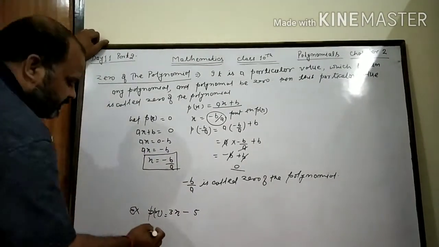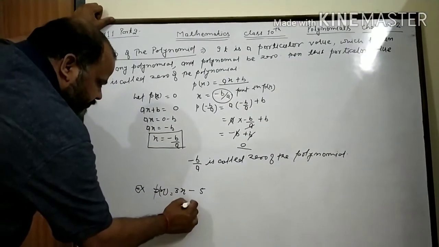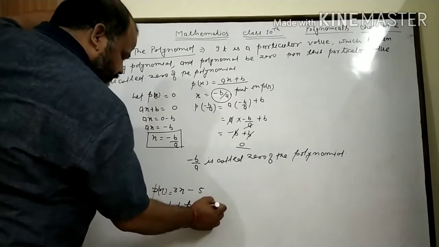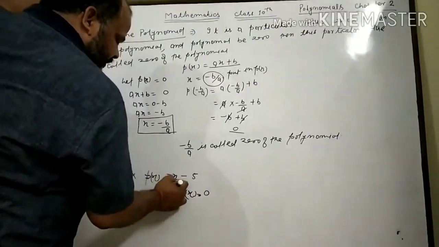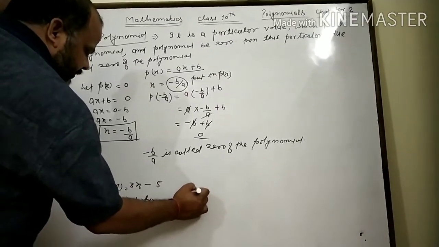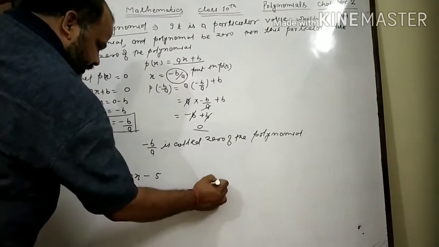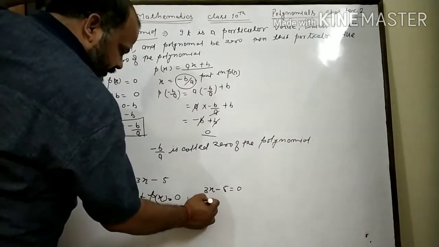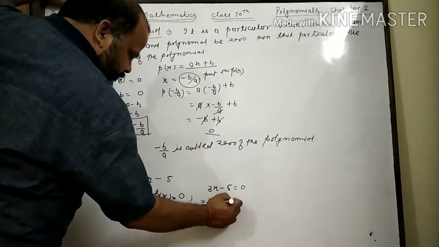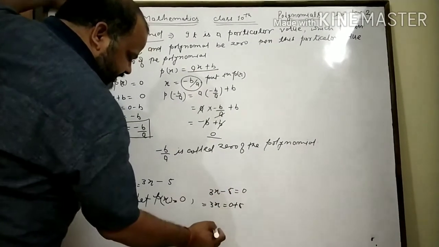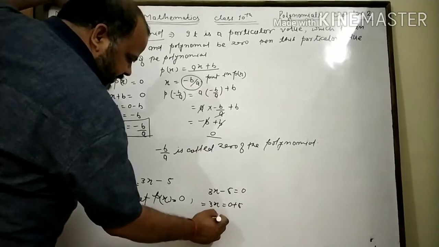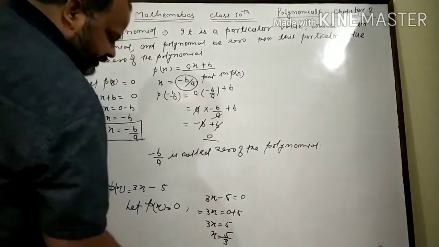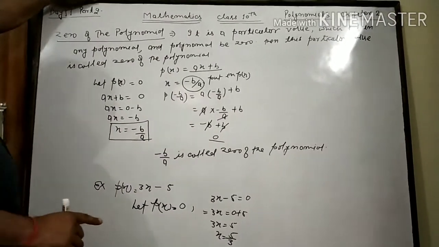Then what you can do? You consider let p(x) is equal to 0, then 3x minus 5 is equal to 0. Then 3x is equal to 0 plus 5. This 5 goes to that side, so the sign is changed. 3x is equal to 5. x is equal to 5 by 3.